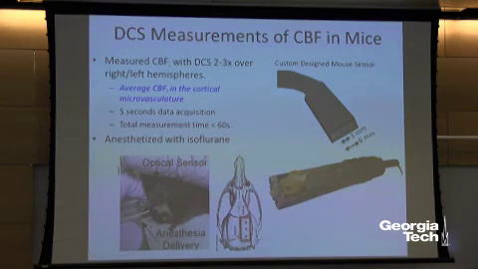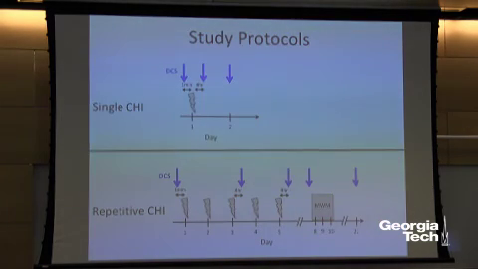My students have designed this awesome custom mouse restraint so we can start making measurements in awake mice, but I don't have that data here. The goal is to eliminate the effects of isoflurane, which we know is a potent vasodilator and influences cerebral blood flow. So this was our study protocol. We had our group of mice who underwent 1 closed head injury, measured at baseline, 4 hours after, and then 24 hours later.